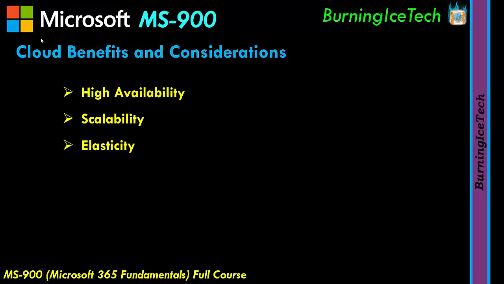Another benefit on our list is agility. This simply refers to having the ability to deploy and configure cloud-based resources quickly as your app requirements change. Then we have the benefit of geo-distribution. Now, I'm sure most of you already know that Microsoft has data centers all over the world.